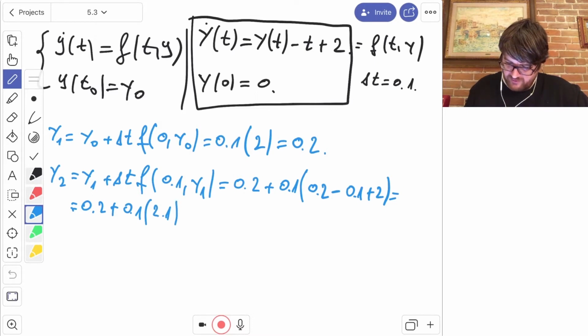I hope I do it correctly. 0.2 plus 0.21 is going to be 0.42.